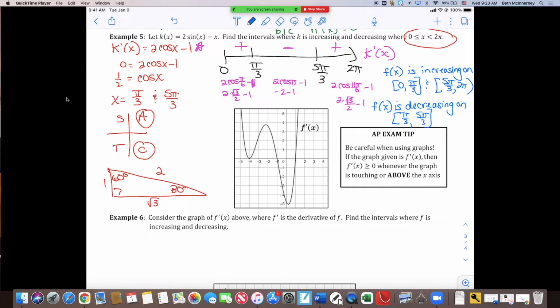Find the intervals where f is increasing and decreasing. So I'm going to pause a moment and give you a head start. This is now the graph of the derivative. Look at that exam tip to help you as you try to determine where f is increasing and decreasing.